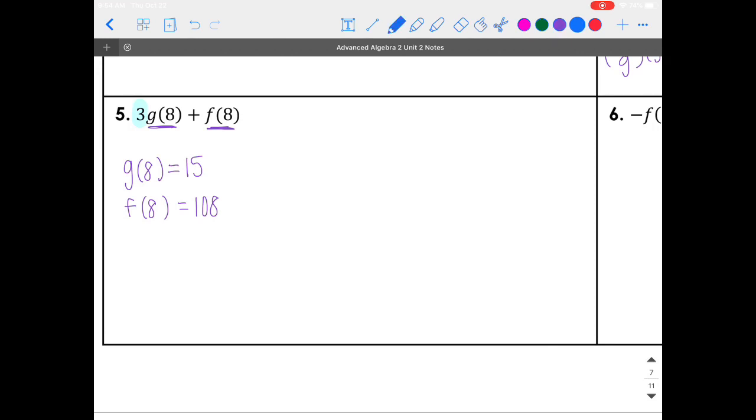I know that because I did it in number 2. So then I have to do 3 times 15 plus 108, which is 153.